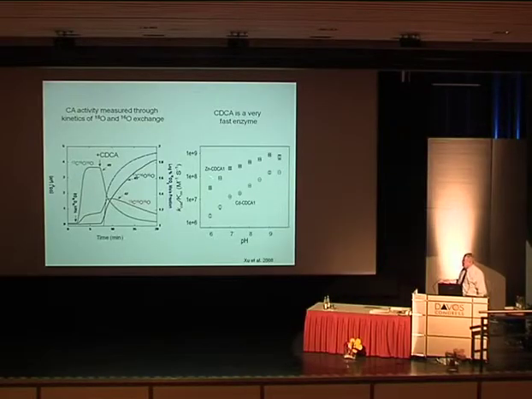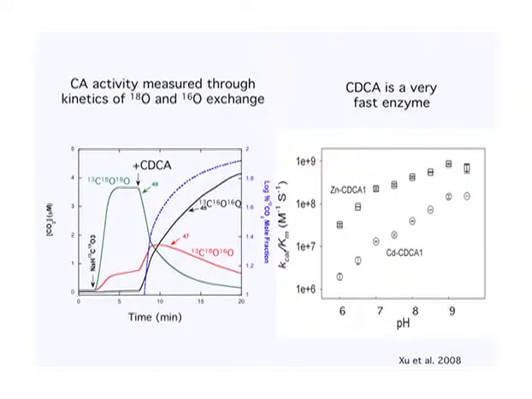And what you see are numbers for the zinc enzyme, which are nearly 10 to the 9 molar minus 1, second minus 1, and for the cadmium enzyme, a few times 10 to the 8. Those are very, very fast reaction rates. We're very close to diffusion limit. It's about as fast as enzymes can work. And so we have an extremely efficient enzyme. Even though it's more efficient in the zinc form, we can show it is actually quite fast enough in the cadmium form as well.